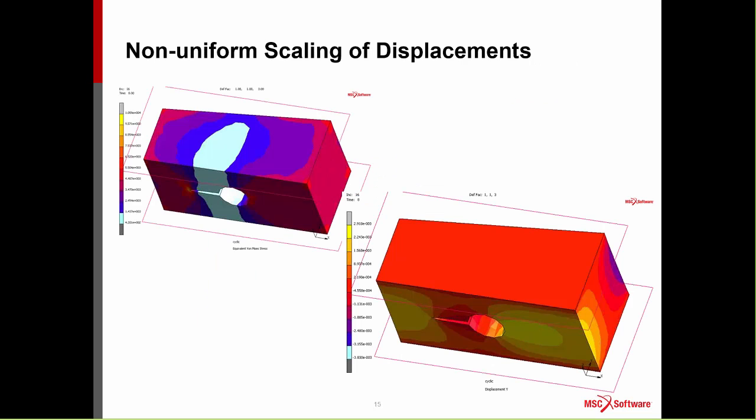We can also scale the displacements so that normally we always talked about you took the deformation and the deformation was uniformly scaled. Now it can be non-uniformly scaled. Again, a crack propagation is a nice example.